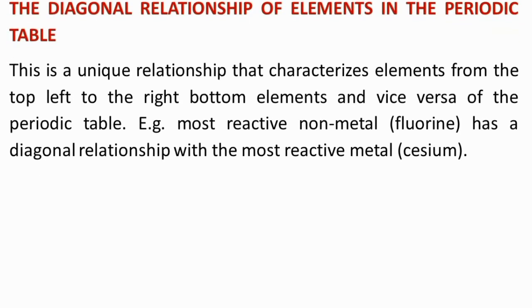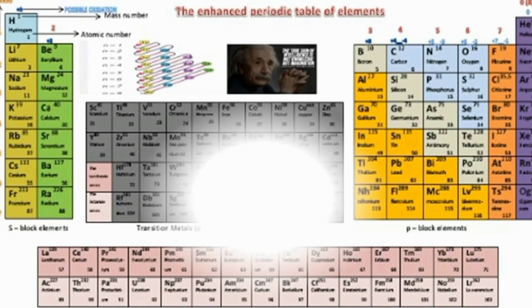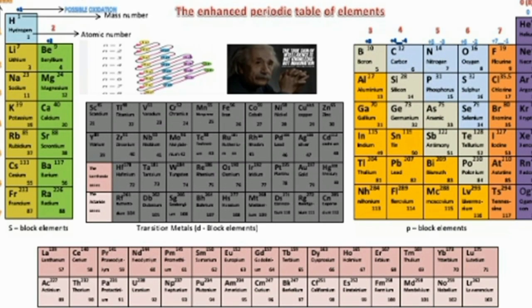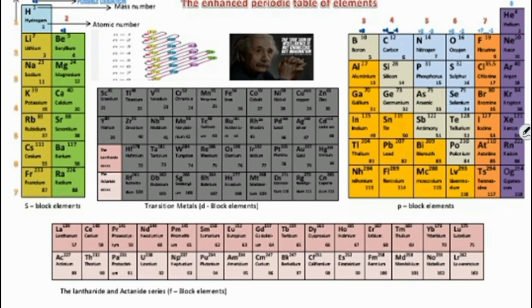Diagonal relationship is just a unique property of elements that shows a similarity between elements in diagonal form. For example, reactivity increases as you come down a group from top to bottom for metals, which simply means that the most reactive metal is francium.